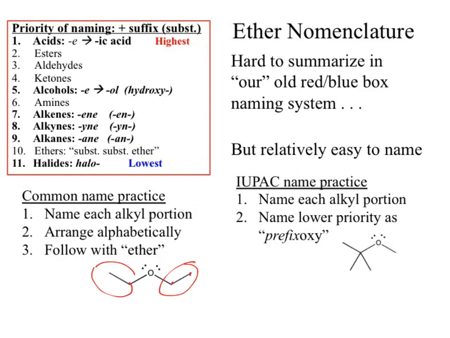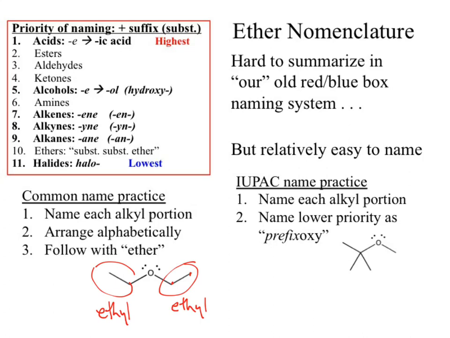Okay, we have ethyls. We can then arrange them alphabetically if necessary, or if they're repetitive, we can use our Greek prefixes to say di. We follow it up with the word ether. So in this case, we have diethyl ether.